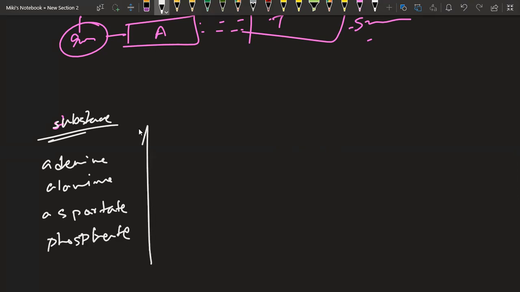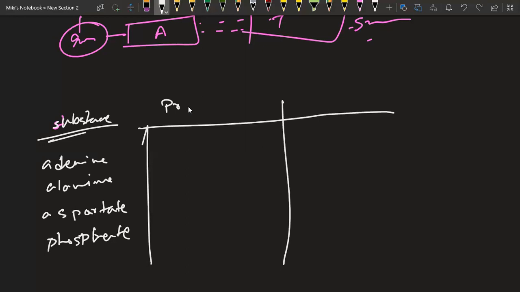Now, in the following column headings, they are asking which one is for protein synthesis, and which one is for the formation of DNA.